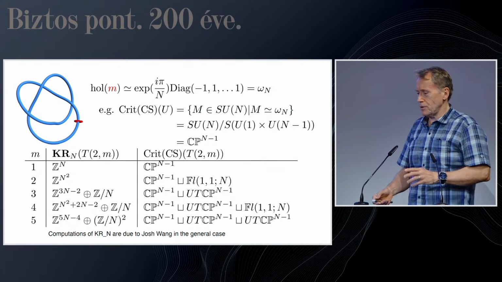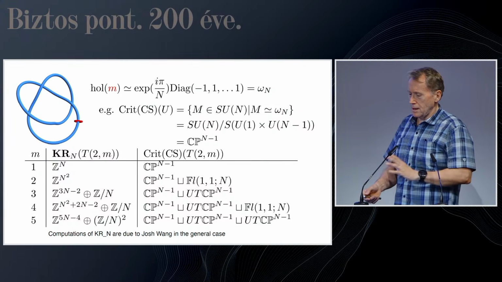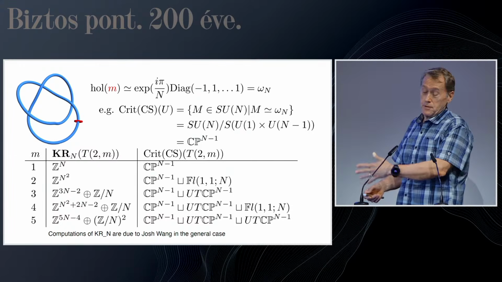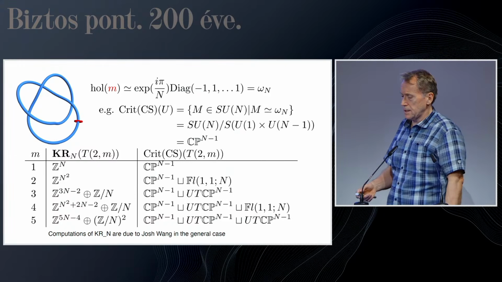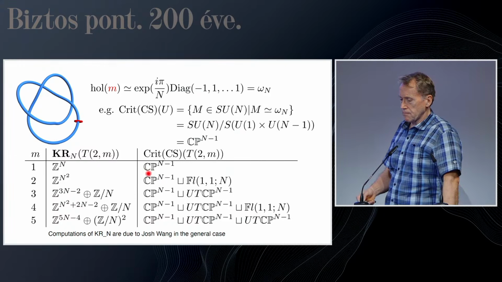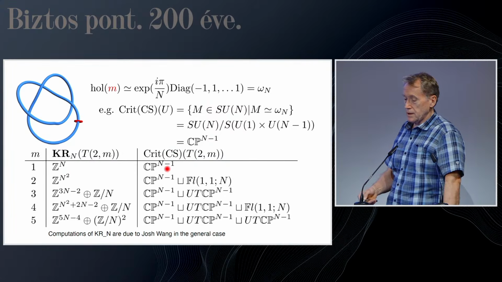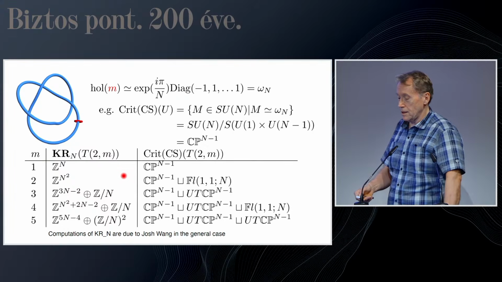So if there's a base point, then I'm only going to think about gauge transformations that are the identity at the base point, morally speaking. And so you can figure out what the representation variety is, and you find that it's CP^(n-1) for the unknot, T(2,1).